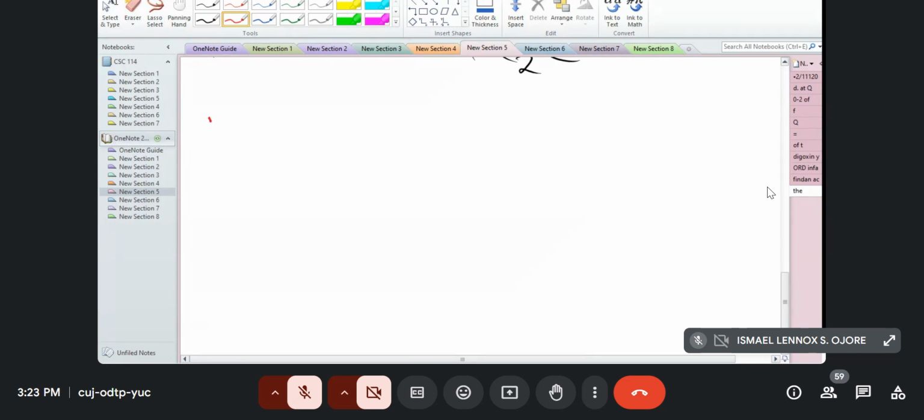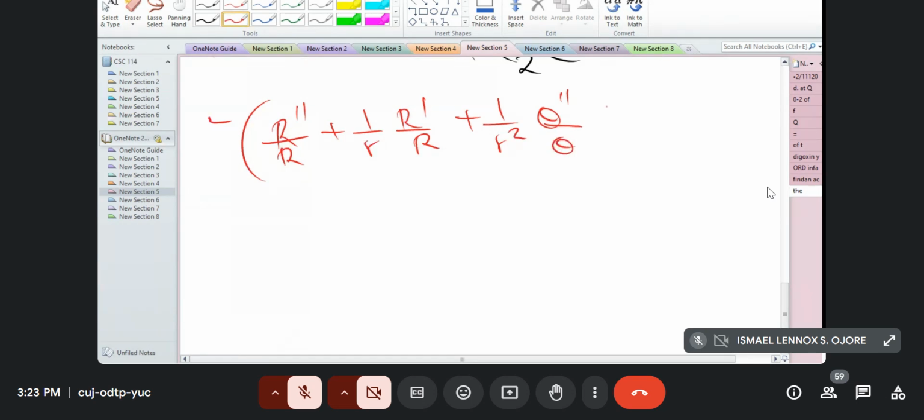Our equation 2 is minus R double prime over R plus 1 over r R prime over R plus 1 over r squared Theta double prime over Theta equals k squared. We cannot solve this equation as it looks because we need to separate r and theta. So for us to be able to separate r and theta, we'll have to get rid of the 1 over r squared term appearing before Theta double prime over Theta.